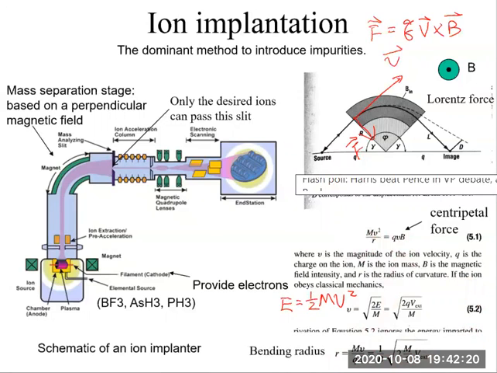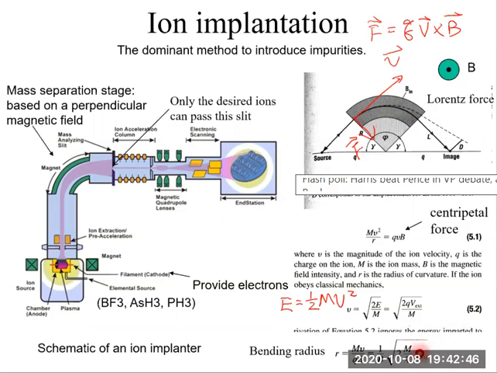So we can see that the bending radius, or radius of curvature, of this trajectory is a function of the ion mass, almost accurately the mass over charge ratio.